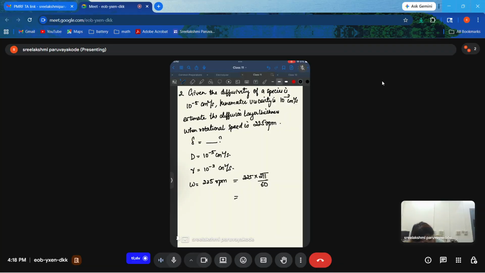So this value you should be getting as 23.57 radian per second. So omega shouldn't be in RPM, we have to express it in radians per second.